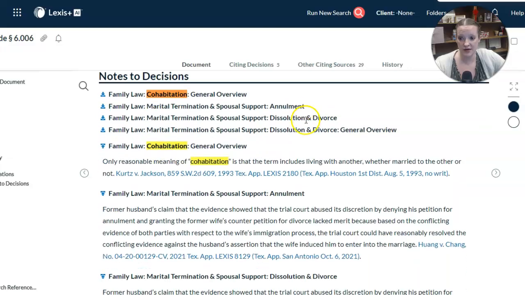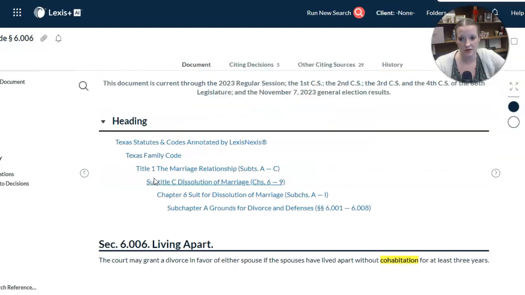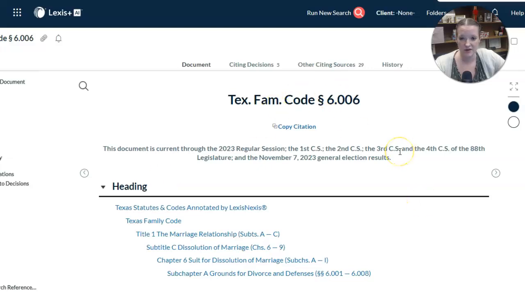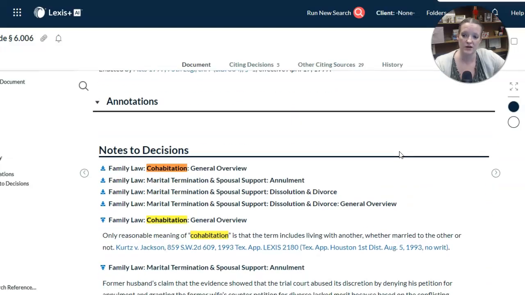But it is different from a head note in that the case is specifically speaking to an interpretation of codified law. So here we are at the Texas Family Code, section 6.006.